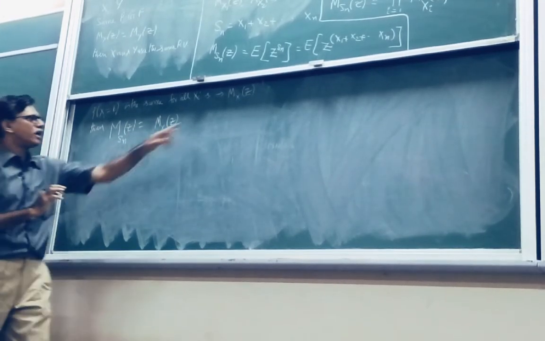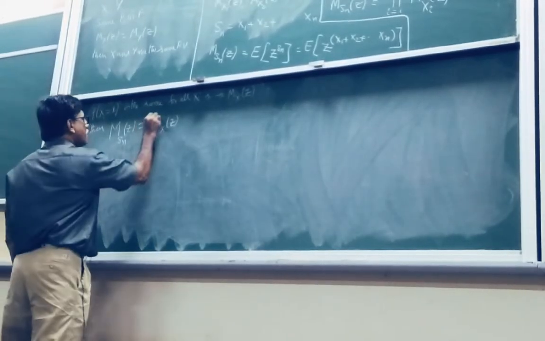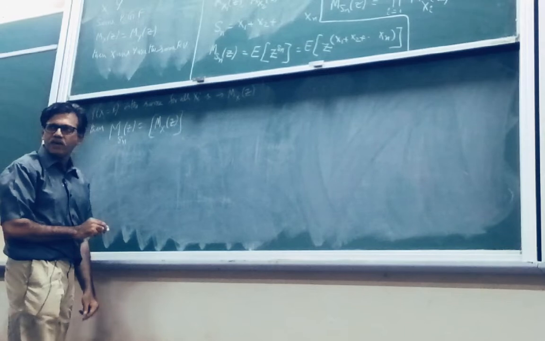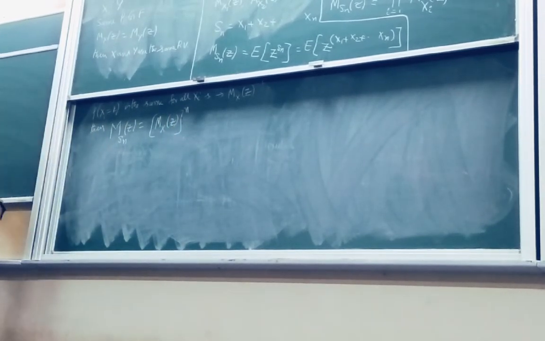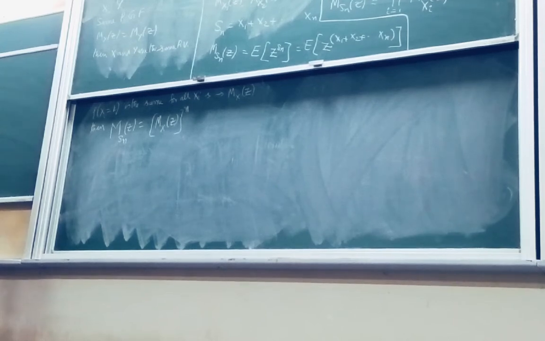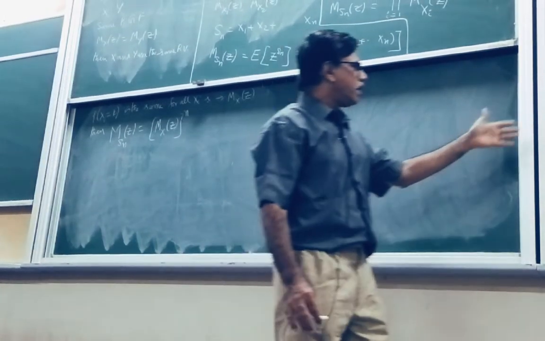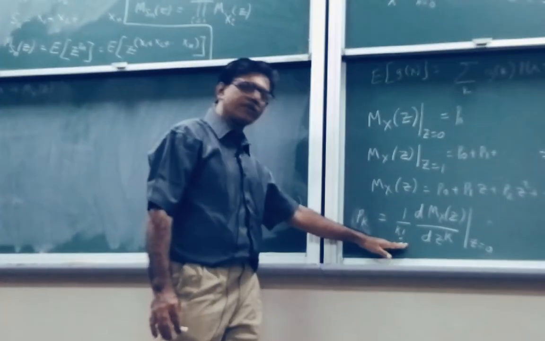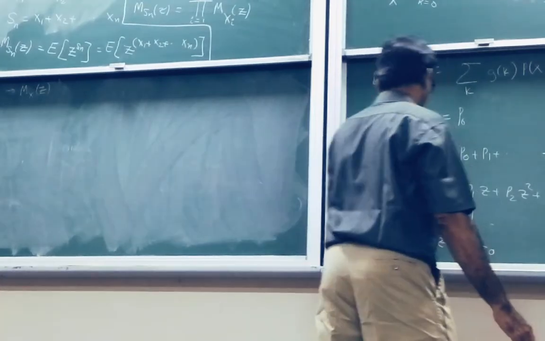We will drop i, because it is the same for all, M_X of z. The PGF of the sum is M_X of z power n, which is quite useful. Now I think we have looked at the definition and how probabilities can be extracted.